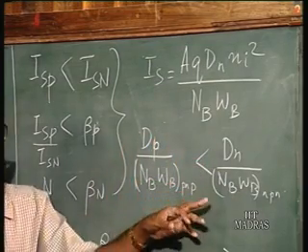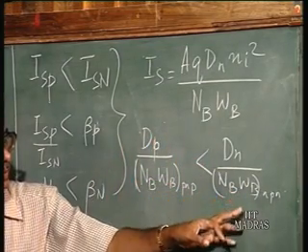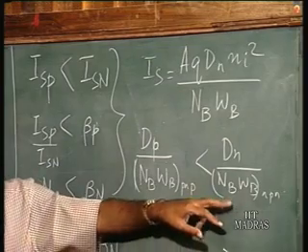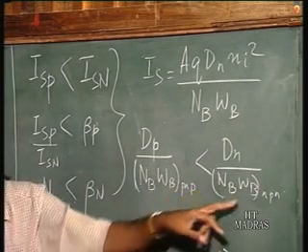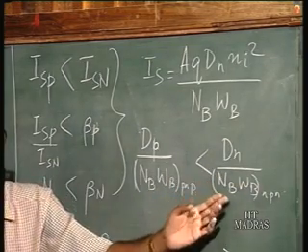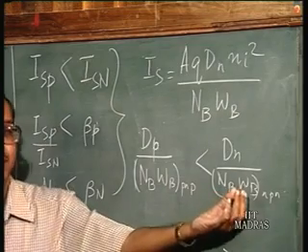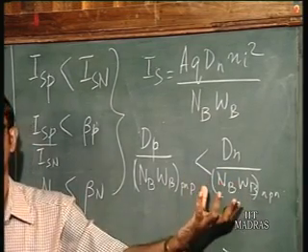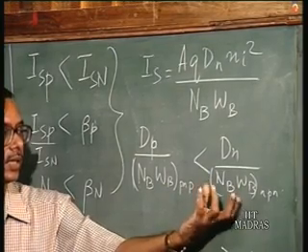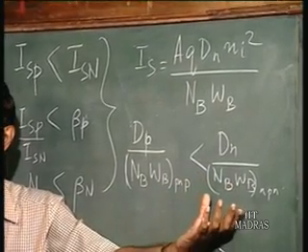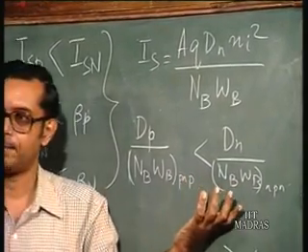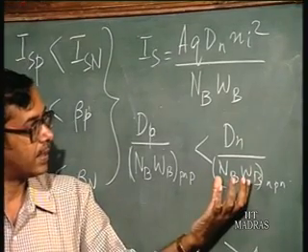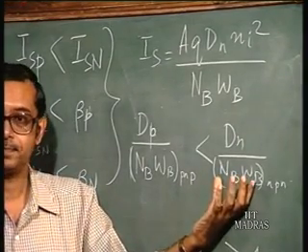you know that. But here, basically what you have to do is you have to ensure that this denominator, which is the base concentration and the base width. Okay. So, this actually means the total base dopants per centimeter squared, which is sometimes called the Gummel number of the base also. Okay. So, this has to be for the NPN transistor.